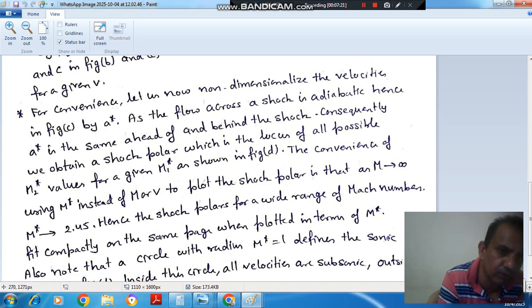The convenience of using M star instead of M. To plot the shock polar, as M tends to infinity, M star tends to 2.45, because M can be infinity, but for the value of M as infinity, the value of M star will reach only up to 2.45. Okay.